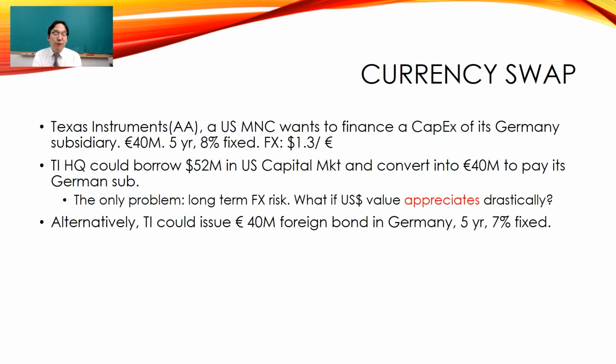And last video we talked about interest rate swap. There we did not have to worry about the currency because it was all US dollar terms. The only difference was one company was borrowing in a floating rate market, the other company was borrowing in a fixed rate market, and then wishing that they would be able to borrow in the other alternative markets because it's more favorable.